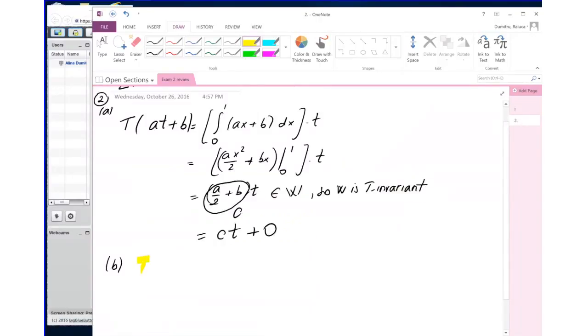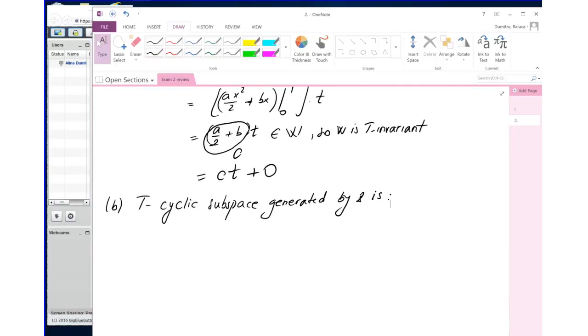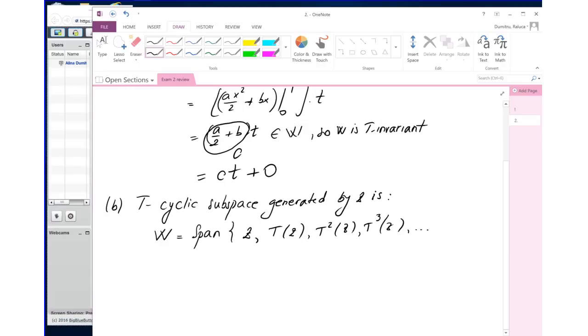So first, what is the T-cyclic subspace generated by Z? It is the span, and then you throw in here Z and T of Z and T of T of Z and T of T of T of Z and so on, right?